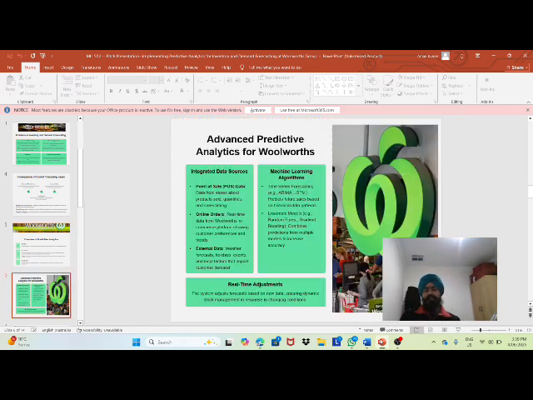Moving further, the advanced predictive analytics for Woolworths. There are some advanced predictive analytics by which Woolworths can thrive in a proper way. So, integrated data sources. There is point of sale data from the stores about products sold, quantities, and sales timing.